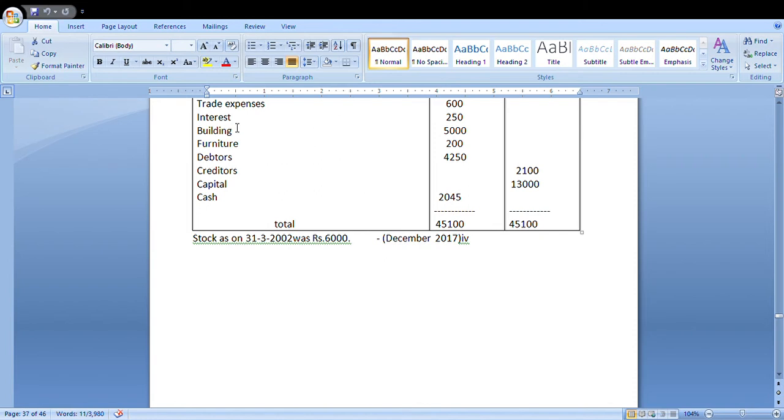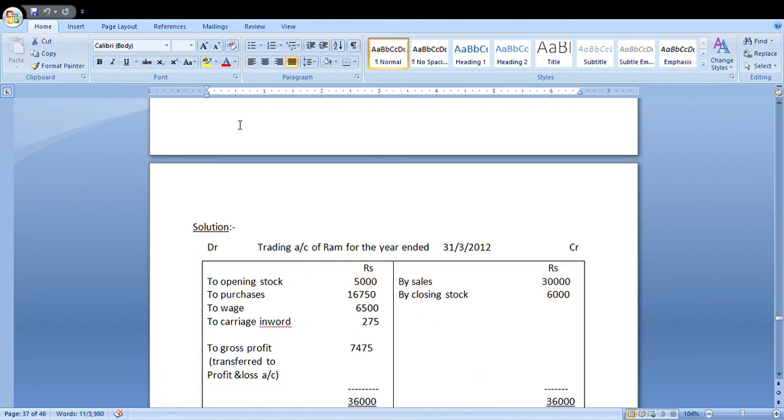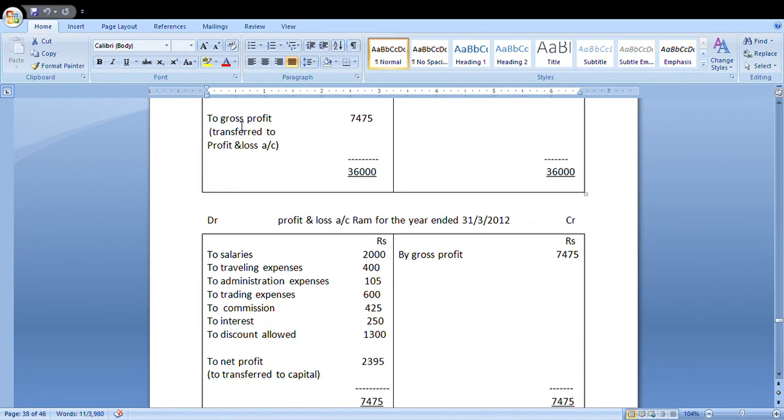Next, interest. It is also an expenditure. It does not enter the trading account, so it enters the profit and loss account. Interest 250.